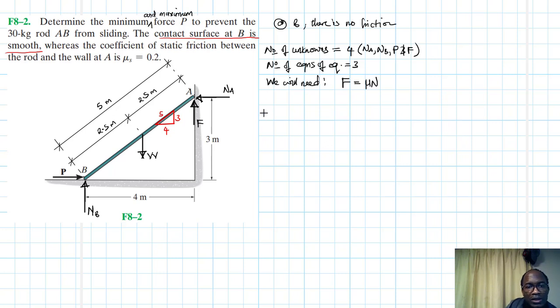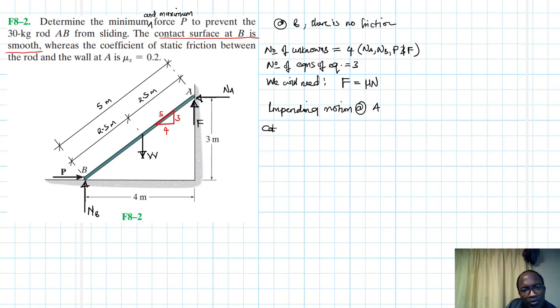So this case is case number 2, where we are assuming impending motion at A. Okay, so let's find the minimum.